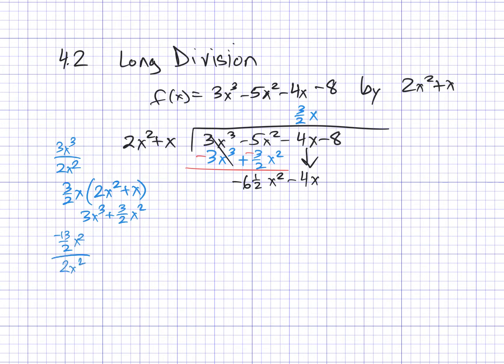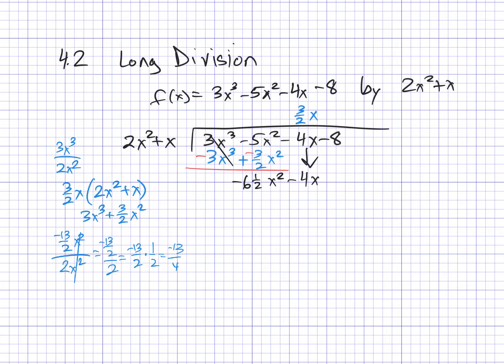First divided by the first. Okay. So obviously the x squareds cancel and we're left with negative 13 halves over 2. So you take the top, negative 13 halves, times the reciprocal of the bottom, and that gives you negative 13 fourths.